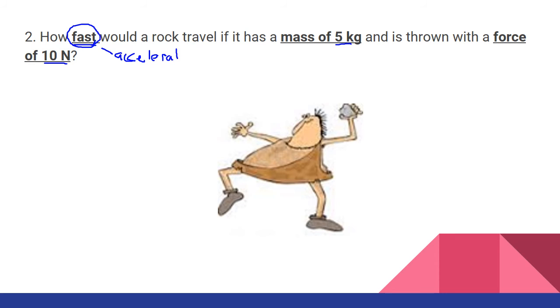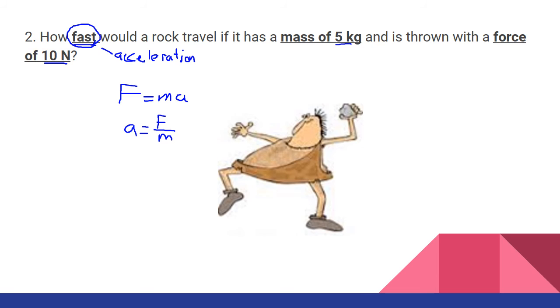And so we'll have to rearrange the formula a little bit. We can still use the same formula, force equals mass times acceleration, but now we want to solve for acceleration. So we're just going to divide both sides by mass, and we'll see that acceleration is equal to force divided by mass.